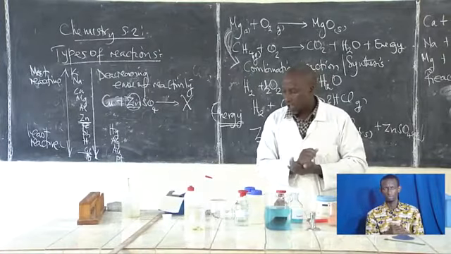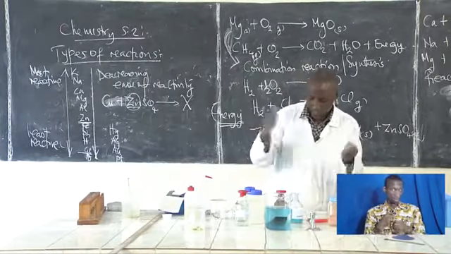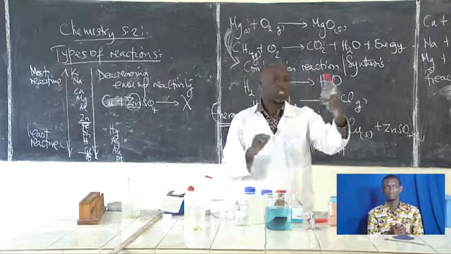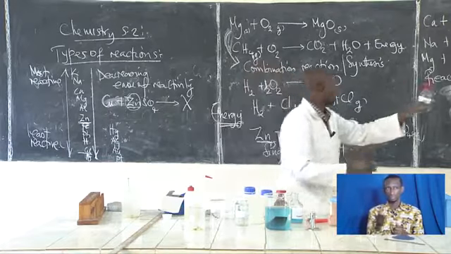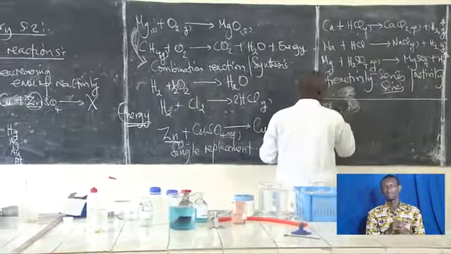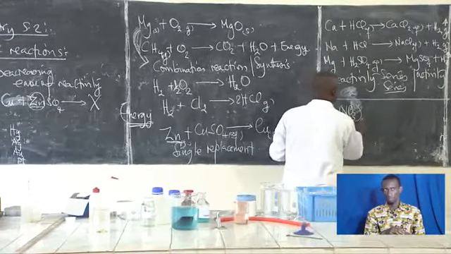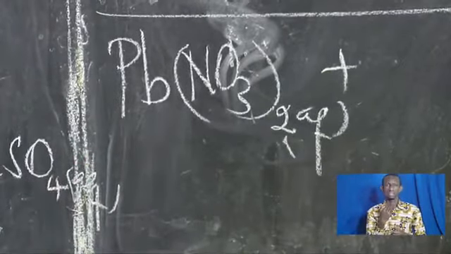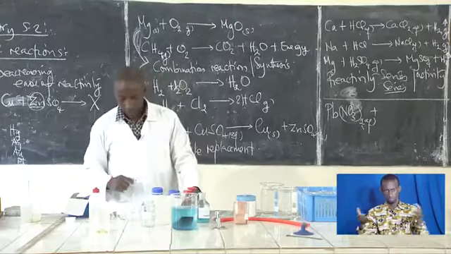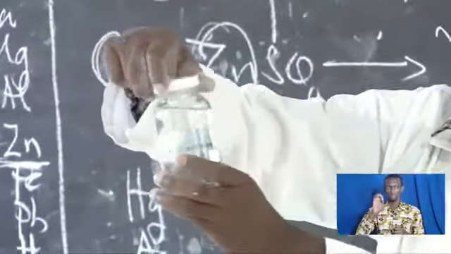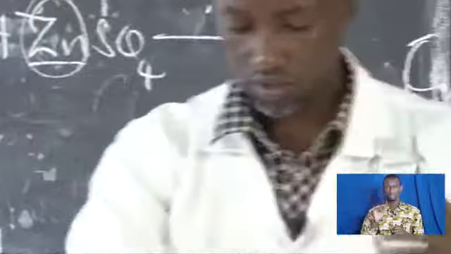Let me also do some other simple experiment. You will predict what is happening. This is lead 2 nitrate, which contains lead ions. This is a solution, and I'm just going to combine it with potassium iodide solution.